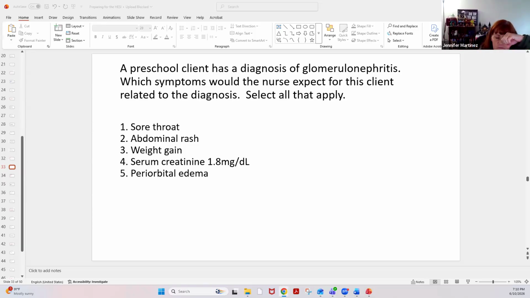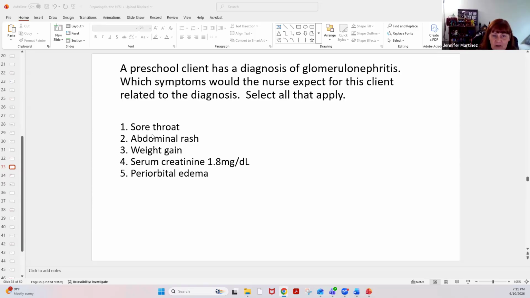So we have an inflammation down at the glomeruli. That's where all the filtering takes place. So we often have difficulty filtering the blood. Sore throat and an abdominal rash would be indicative of what?